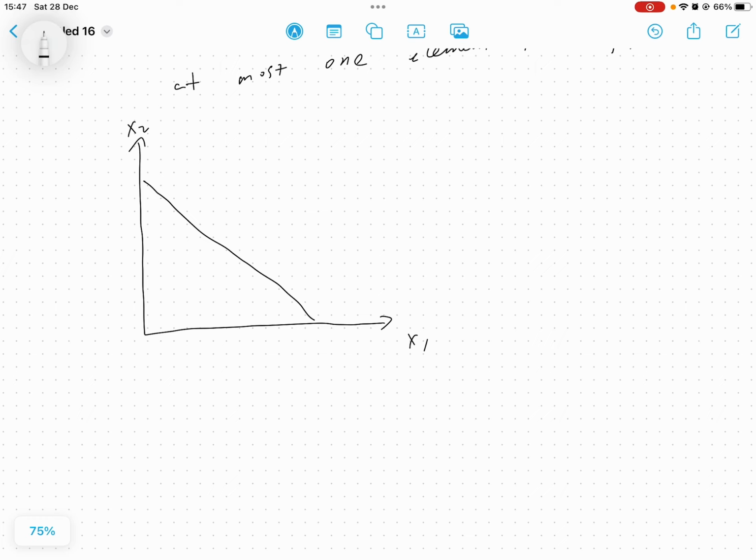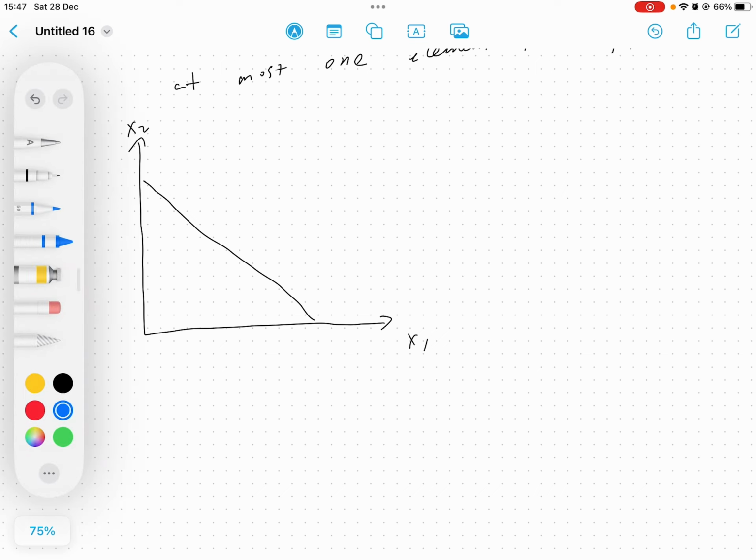Let's change the color, and let's say this preference is convex but not strictly convex, so we might have some part to be straight, and it has some part that coincides with the budget itself.